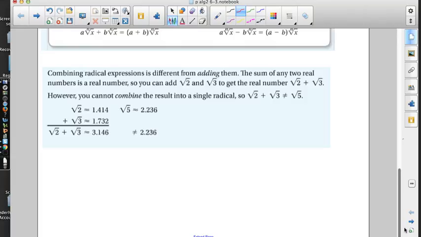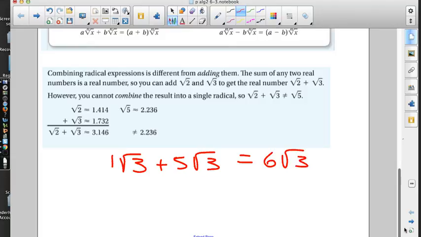But what if we take the square root of 3 plus 5 square roots of 3? Well, now we're saying we have one of them, and we're going to add 5 more, and we'll get 6 square roots of 3. Because they are like radicals, it will work. I'm going to prove it to you.